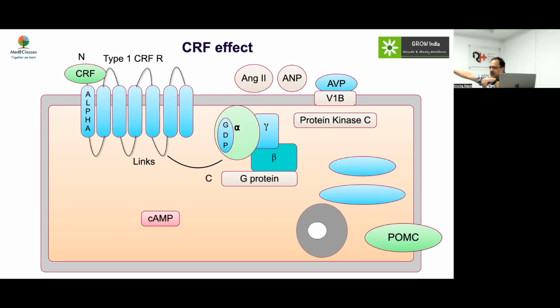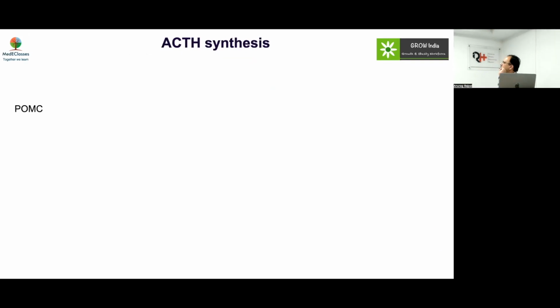And of course, through this pathway, it is also going to affect the cortisol secretion as well. In a way, this is like a distress signal. If your ANG2 is going up, it is going to cause a lot of cascading effects on various other pathways. And ANP, the natriuretic peptide, is the opposite.